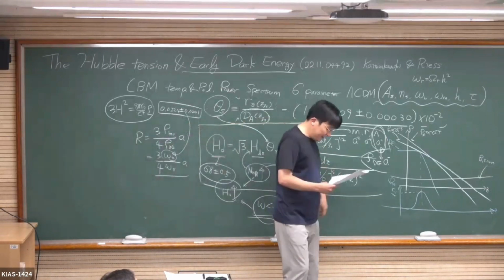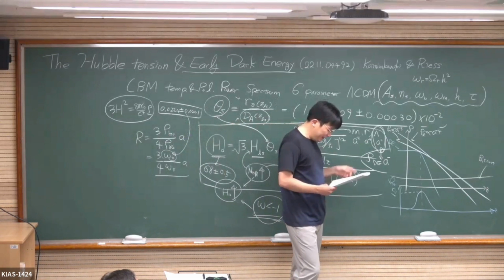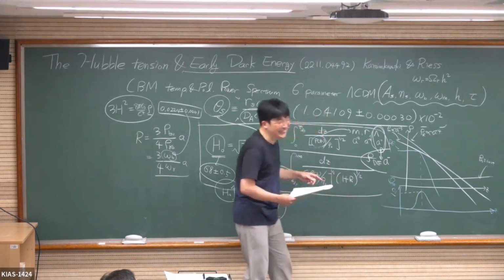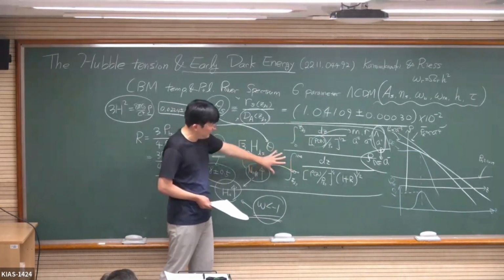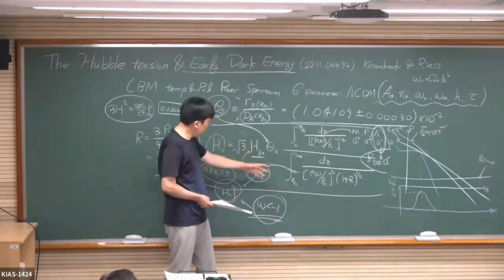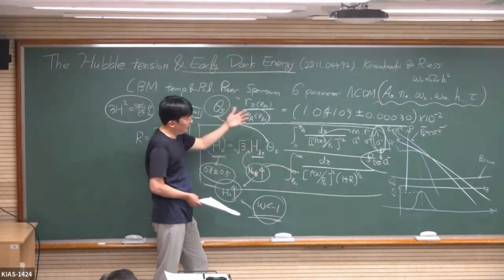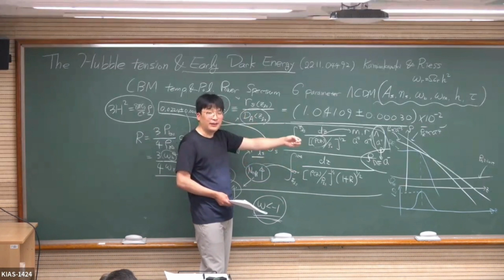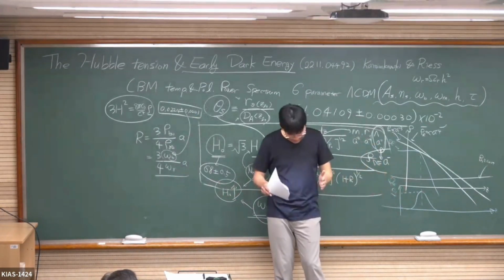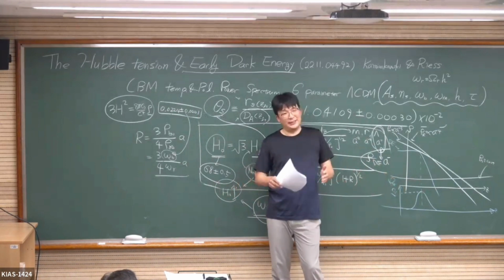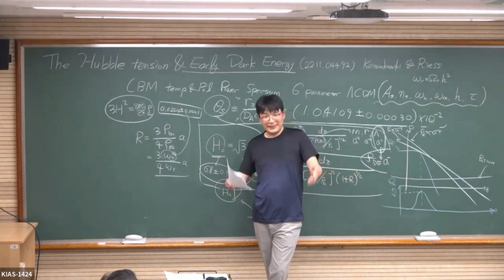And one thing I like about their future constraint check, because I wrote the paper, is that if we consider this modification of the early expansion history, then it will change the sound horizon, but it'll also change the light horizon. Because you change the distance that sound waves propagate, you also change the distance that light propagates.